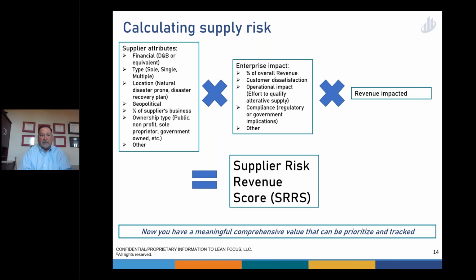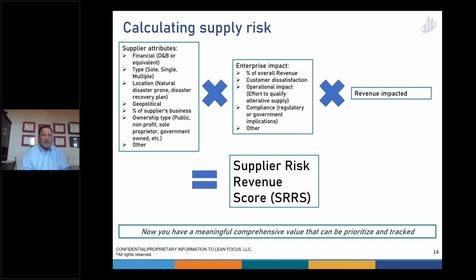Now, when you look at the supply risk attributes, these are many items, and not all are critical to each supplier or situation within your company. But it's important that, as a cross-functional team, you evaluate this and come up with a scoring and weighting scheme to gauge each one of these attributes.